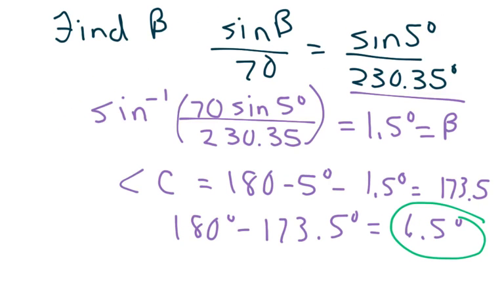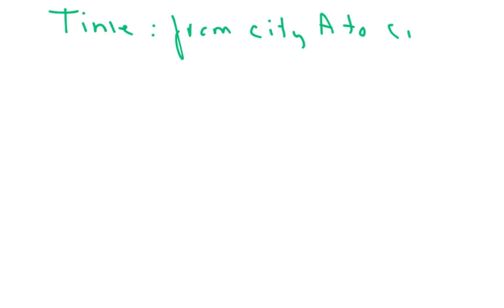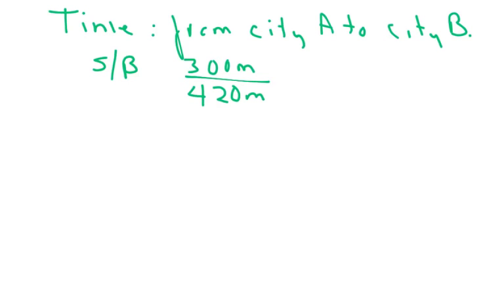So the time from city A to city B should be 300 miles divided by 420 miles per hour, which equals 5 over 7 hours.